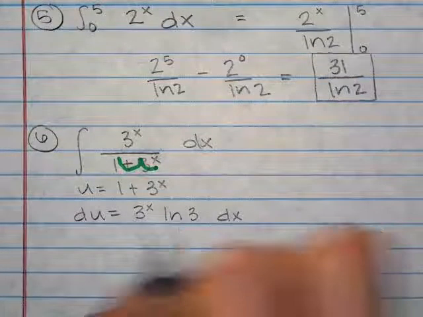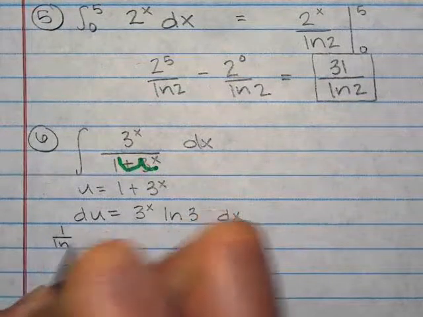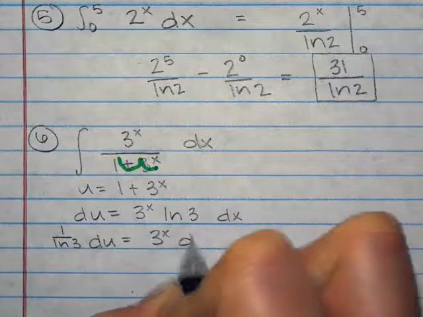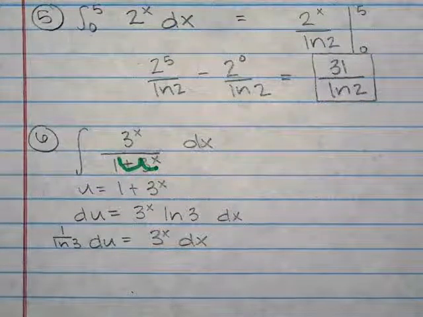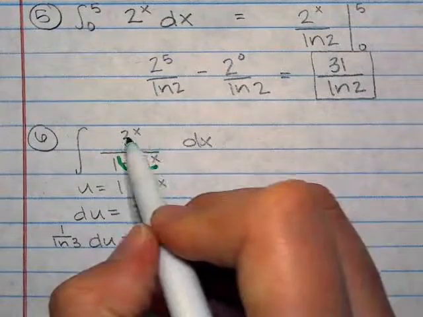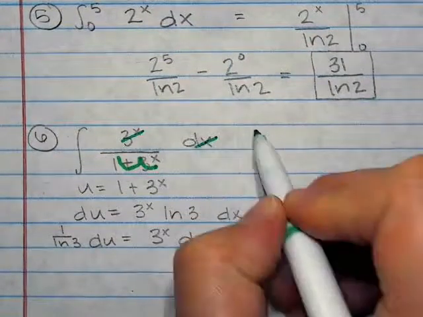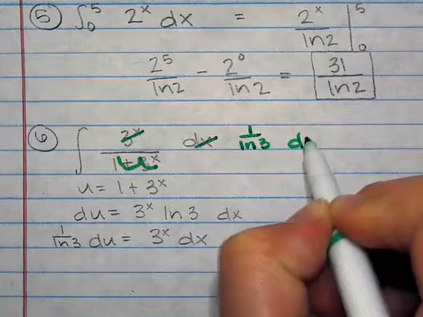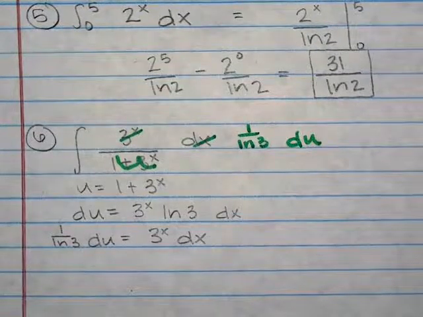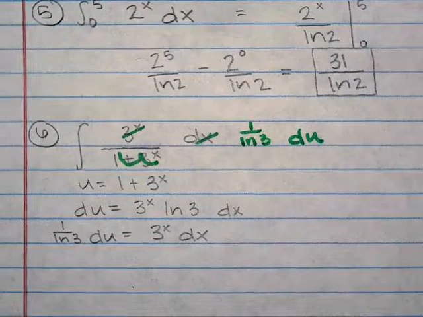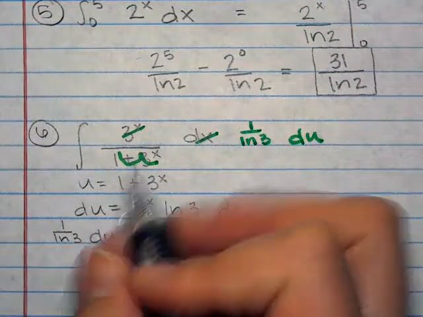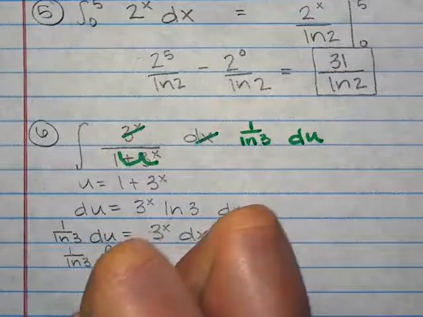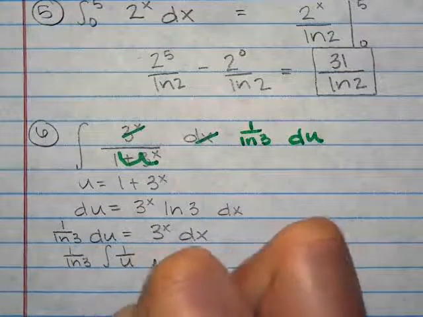So we're going to divide that over. So the problem that we are integrating is 1 over ln 3 times the integral of 1 over u du.